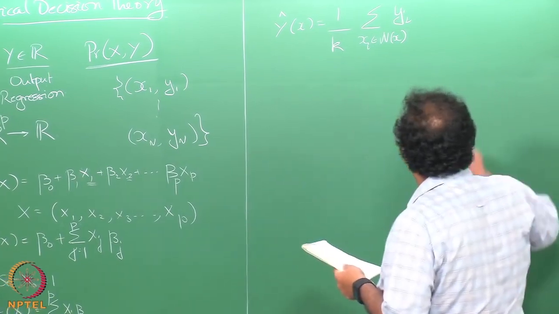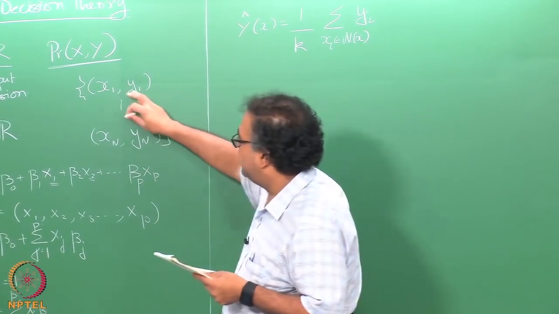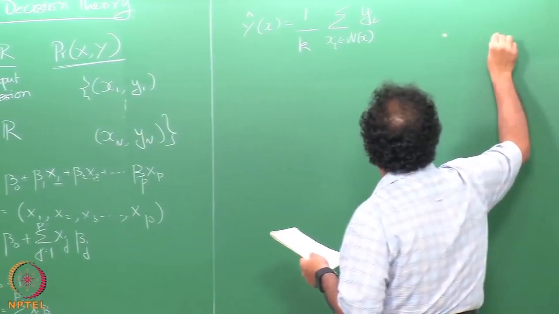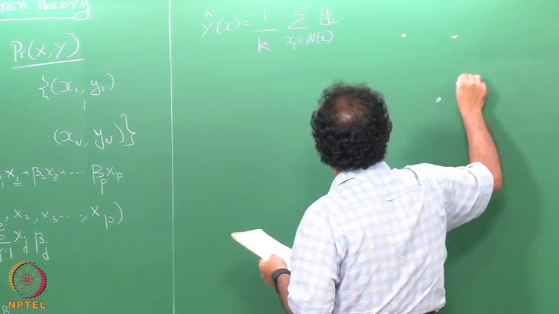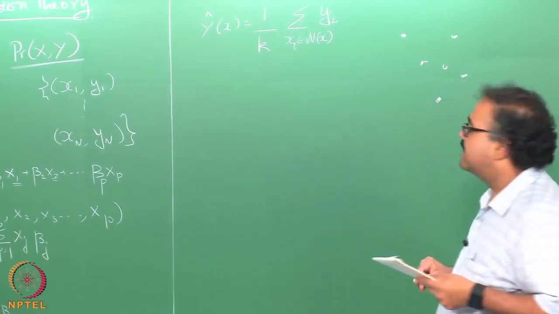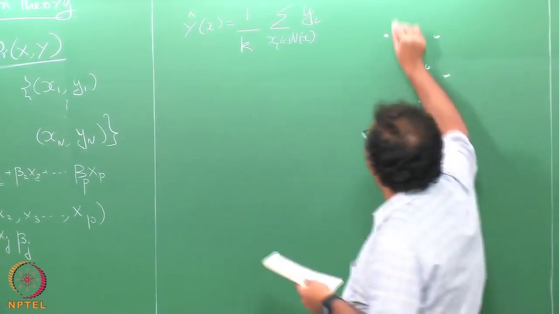xi. So, let us assume that my training data looks something like this. There is an x here, an x here, an x here, an x here, an x here and an x here. And let us say that my k is 3.